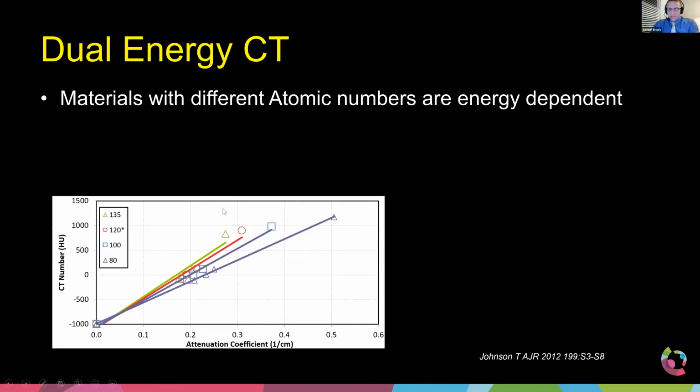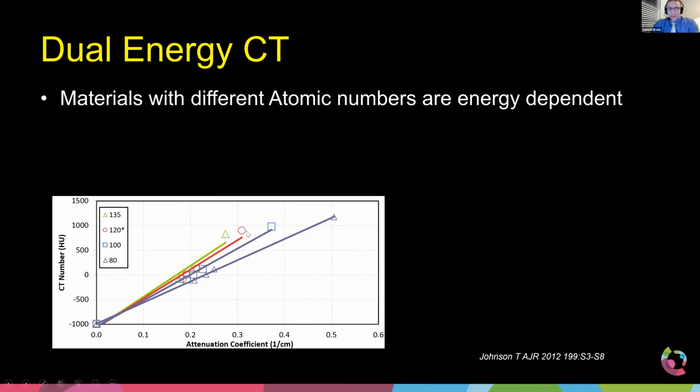Now, you've probably noticed this effect if you've ever put an ROI in an image. So it's just a normal clinical image that we've created. And if it's, for example, bone, and we acquire it at, let's say, 120 kV, this red circle, well, that CT number is going to be a value. Let's say it's 900.